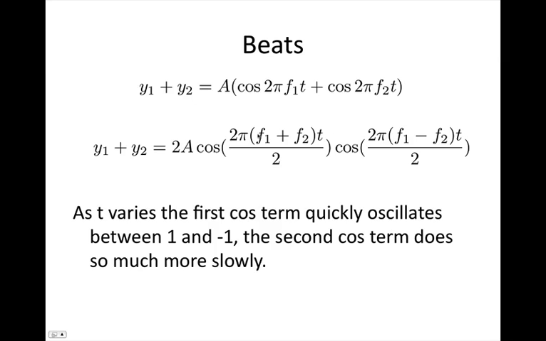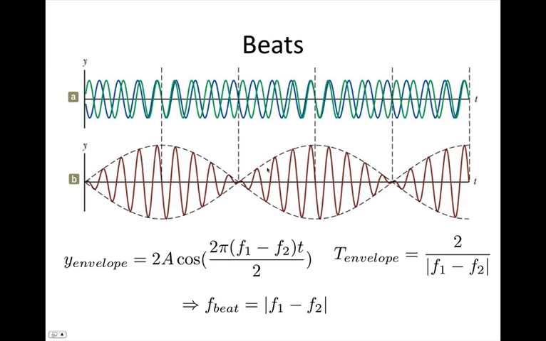This here is the rapid oscillation between 1 and minus 1. And so the period for this envelope function, that's the time from here to here to here, is given by 2 over (f1 minus f2). That's just the inverse of this part of the function here, as we've got the 2π there. So that's telling us how long it takes to cover 2π.